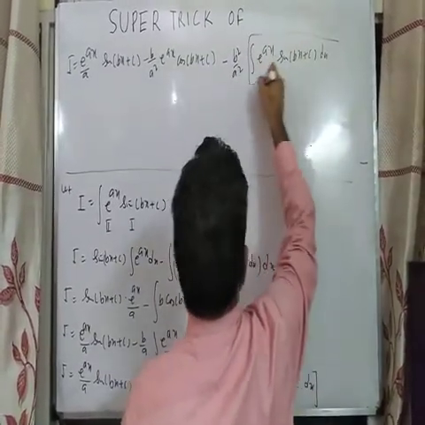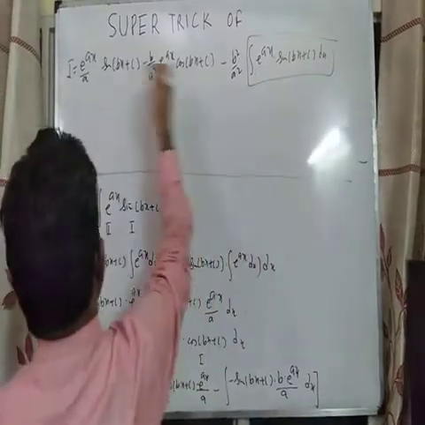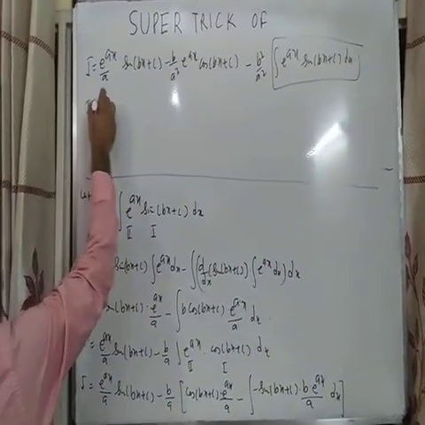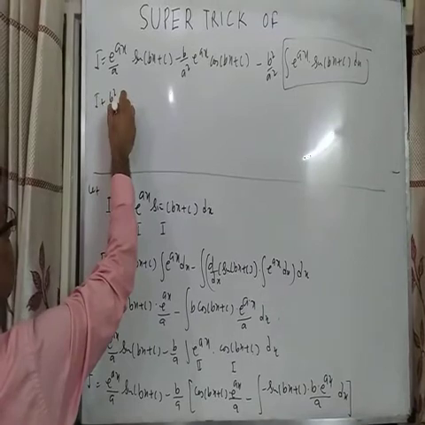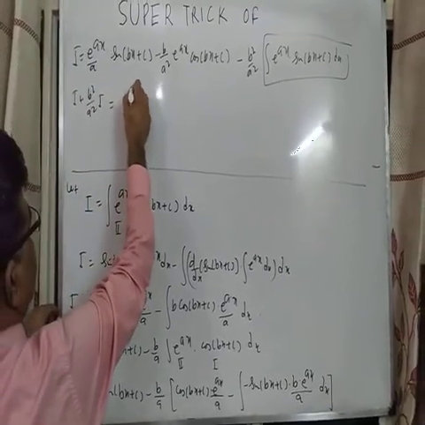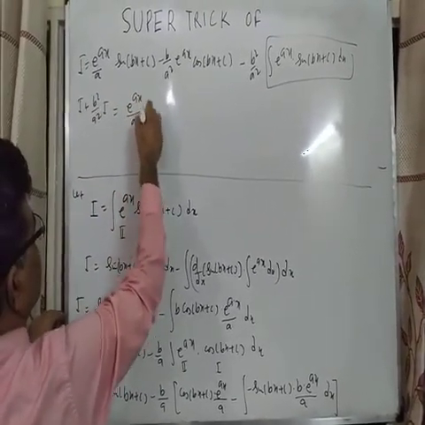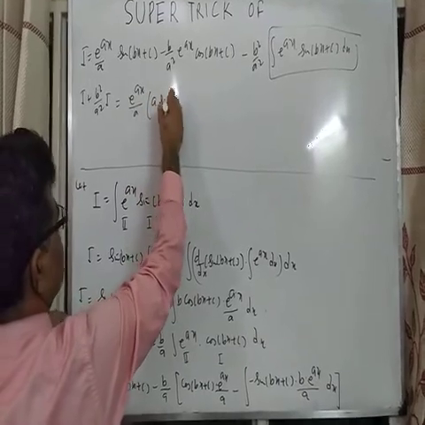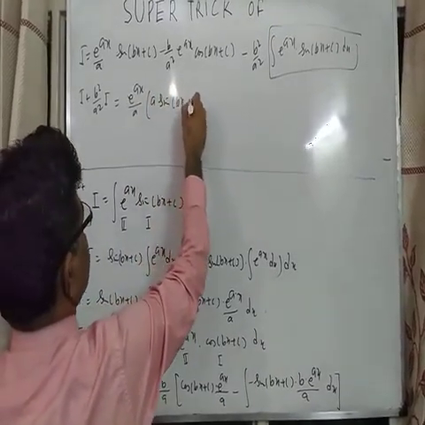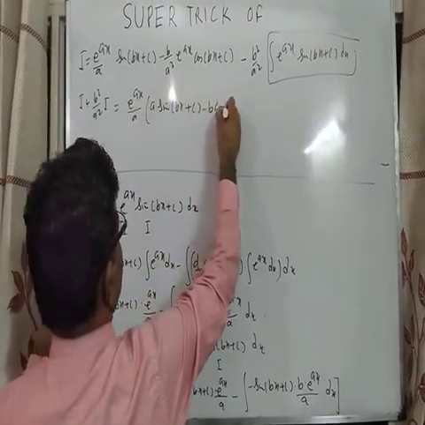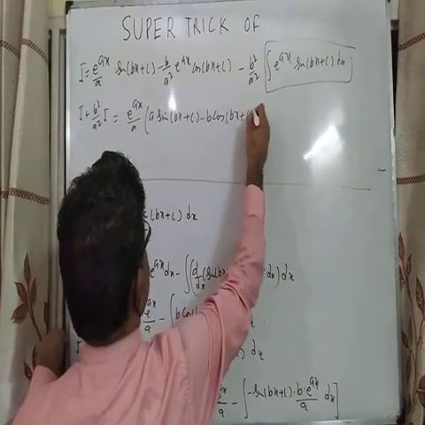So we are taking this integral as I and bringing it to the left side. This is b square upon a square I, and we are taking common e to the power ax upon a. So it is a sin(bx plus c) minus b cos(bx plus c).